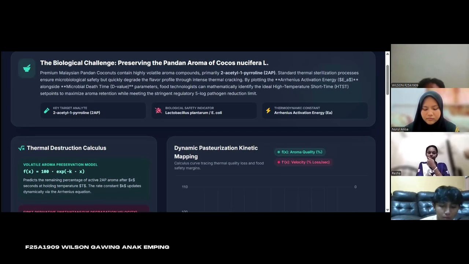The industrial challenge is that standard thermal sterilization, while necessary for safety, often triggers thermal cracking, which destroys this delicate aroma, leading to a significant loss in product quality and market value.